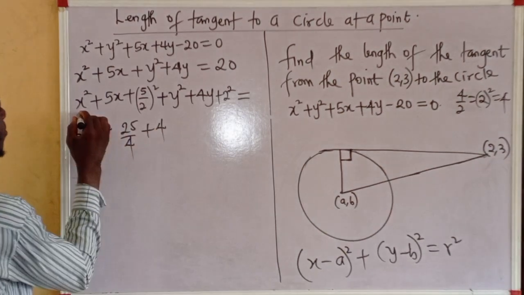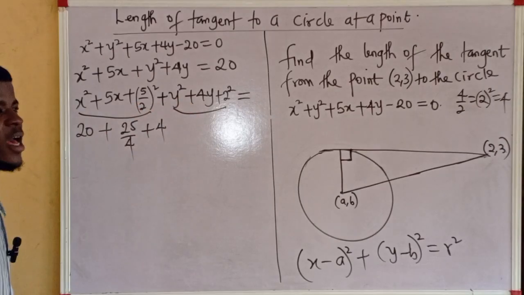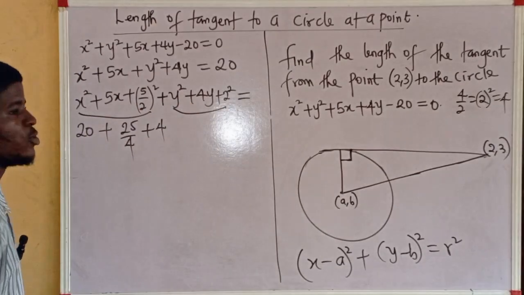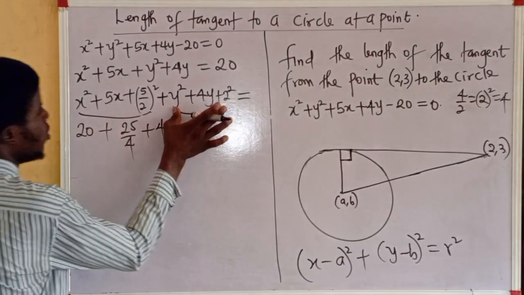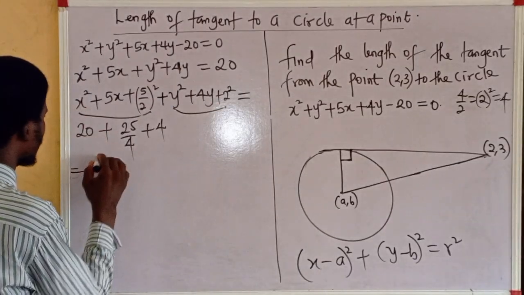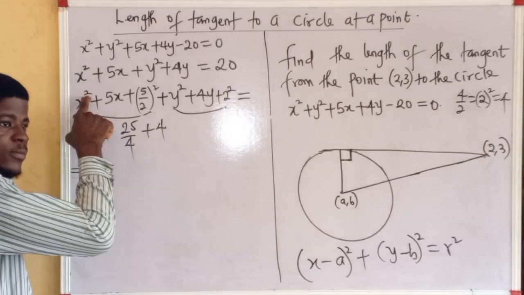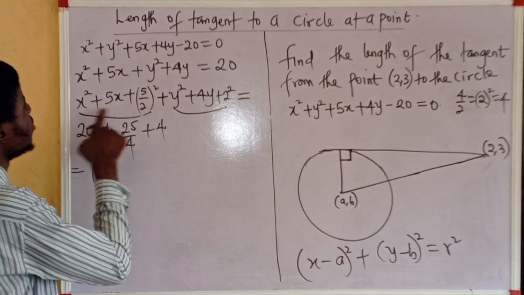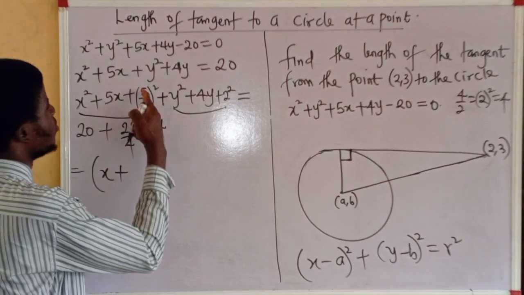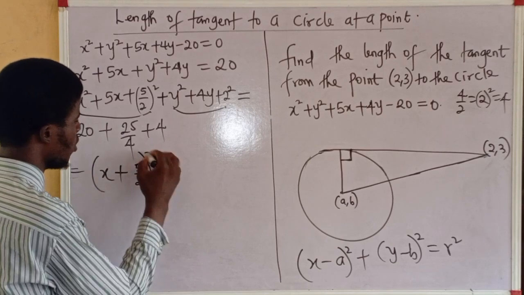So I can now factorize this. What I just did now is I completed the square. I just completed the squares to make the expression a perfect square, so I can factorize it. So I'm going to take x, open a bracket, I'll take x, I'll leave the square, I'll take the sign of the middle term, which is plus, then I'll take 5 over 2, I'll square it.